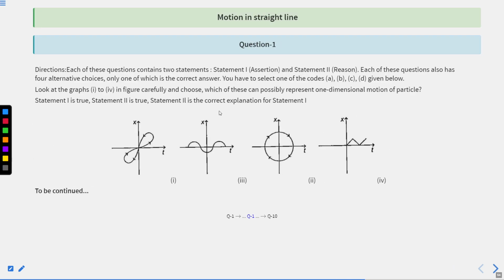So the first question is some directions. Read this first. Each of these questions contains two statements. Statement 1, assertion. Statement 2, reason.